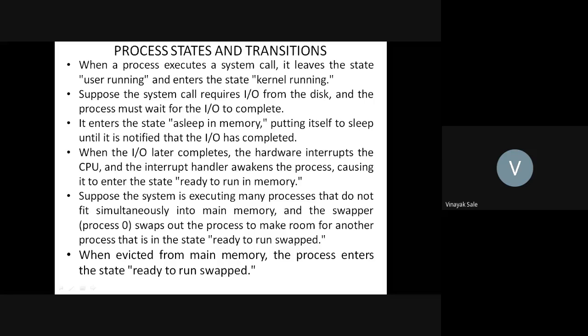Suppose the system call requires input output from the disk and the process must wait for the input output to complete. So it enters the state asleep in memory, putting itself to sleep until notified that the input output has completed. See in this figure.